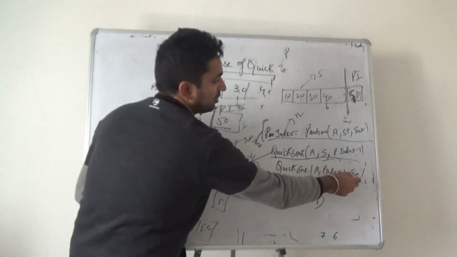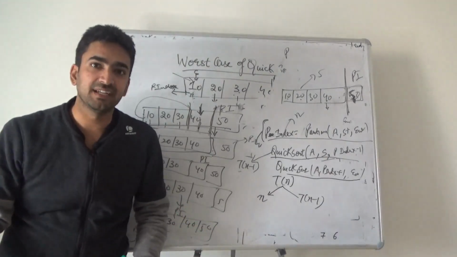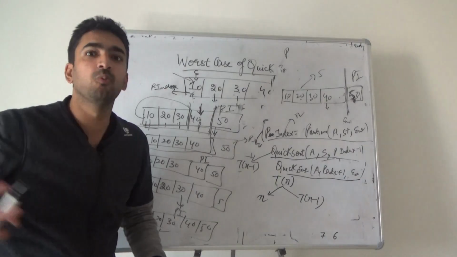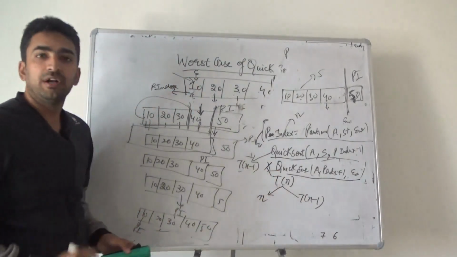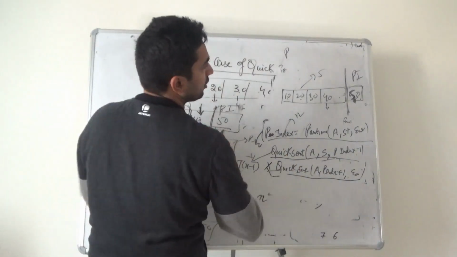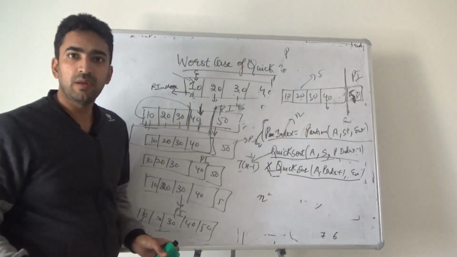And what about this statement? Since your partition is the last element as p index, p index plus 1 won't exist, so this is not going to run. Even if this was your partition index, what would p index plus 1 be? There will be no value.